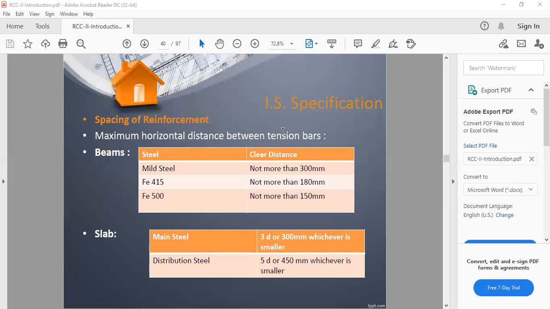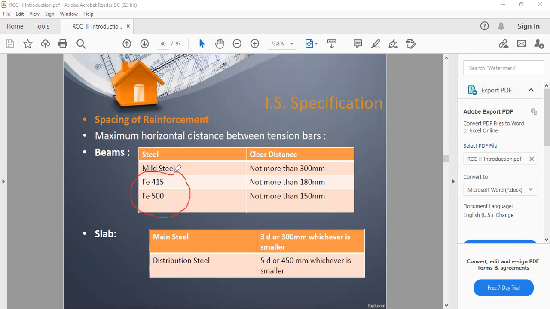Similarly, the maximum horizontal distance between tension bars. If you are going to provide the bars in the beam, this is something for the mild steel. We usually provide mild steel just for the stirrups only, and we usually go ahead with Fe 415, Fe 500 for the other main bars.